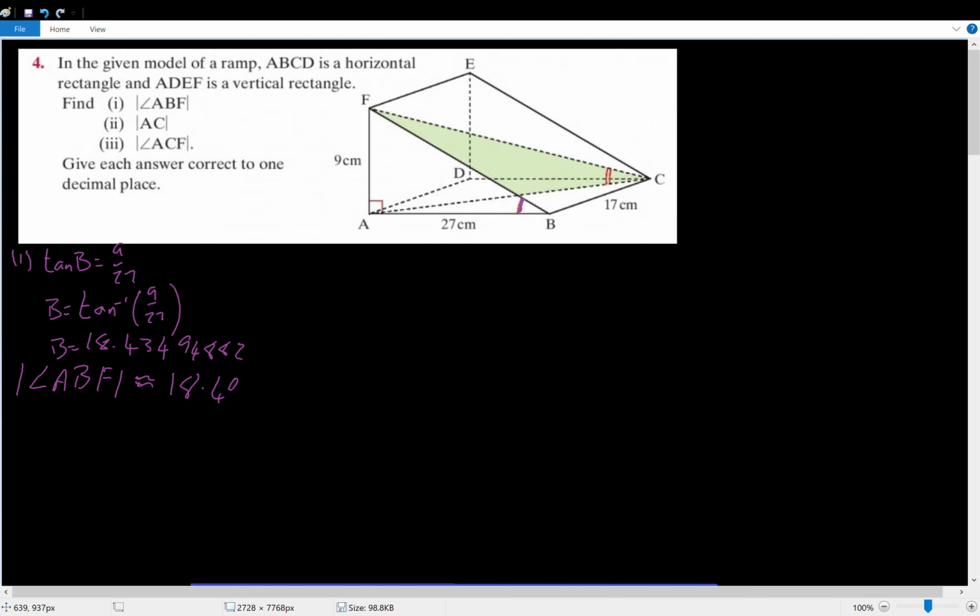Now for part 2, the length of the line AC. Well, the line AC is the hypotenuse in the right angle triangle ABC, because as we were told before, ABCD is a horizontal rectangle, which means the corners are going to meet at right angles. So we can use Pythagoras' theorem for this.